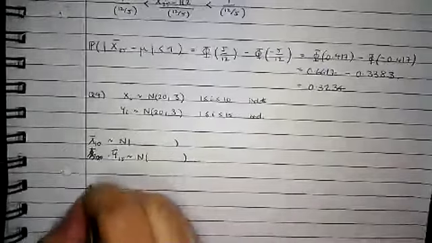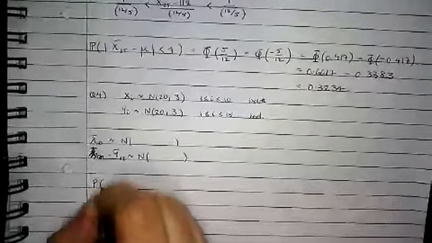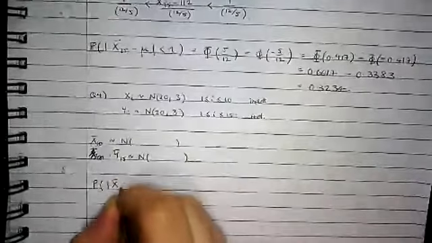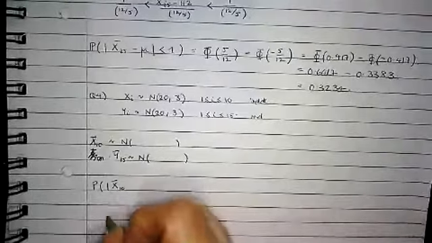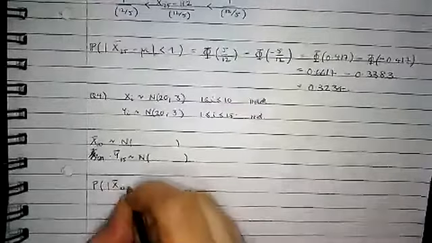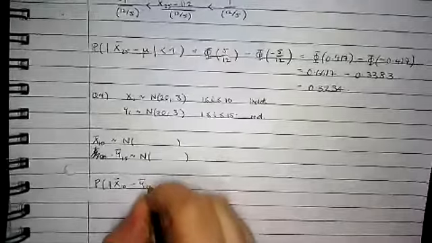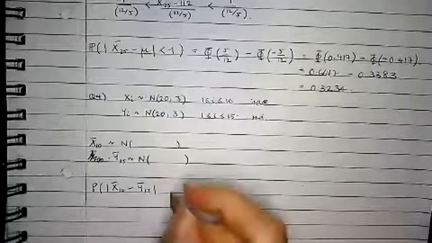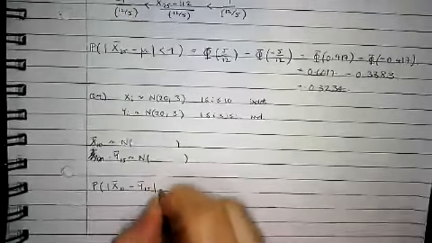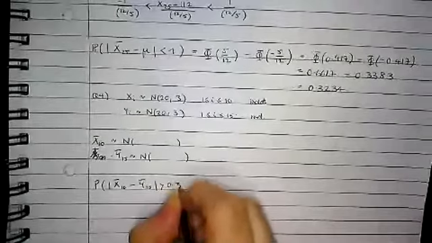What we've been asked for is the probability that the absolute value of the difference between x bar 10 and y bar 15 is bigger than 0.3.